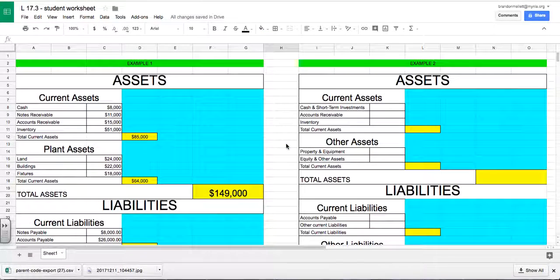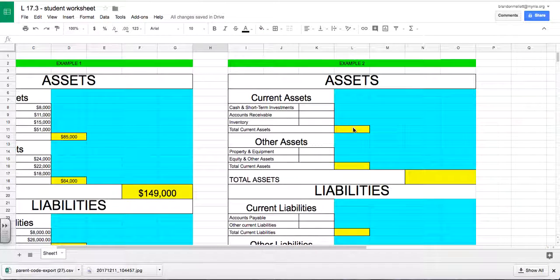All right, let's jump to example 2. In example 2, it's similar situation here. We have current and other for both the assets and liabilities. So for this one, 20,623, 18,223, 15,272, and the total for this one for current is 57.